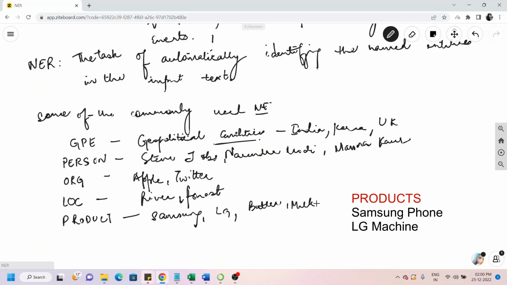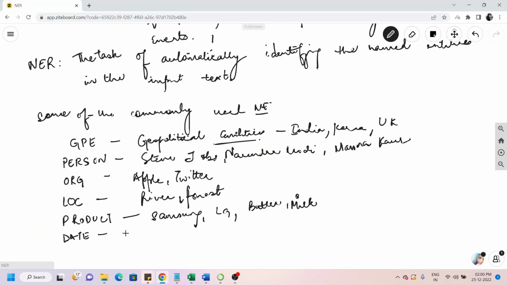Milk is a product. Then we have dates, for example 2006. This particular year can be represented as a date. We have 21st December, 25th December, which is Christmas, or today's date is 25th.